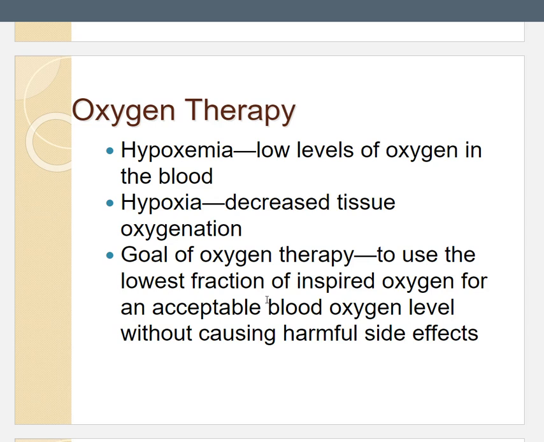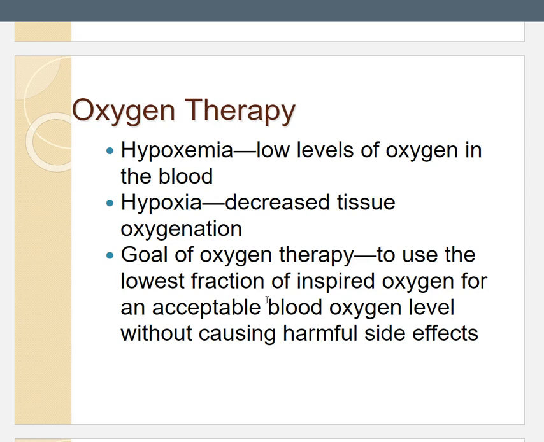Look at these two terms, hypoxemia and hypoxia. It's important to understand the definitions of these terms, but think about what that really means. When we talk about a patient who is suffering from hypoxemia, they have low levels of oxygen in the blood, and this isn't good, because the hypoxia will definitely have decreased tissue oxygenation, cell oxygenation, and we want to make sure that organs are properly being oxygenated, particularly things like the brain, the heart, the kidneys.